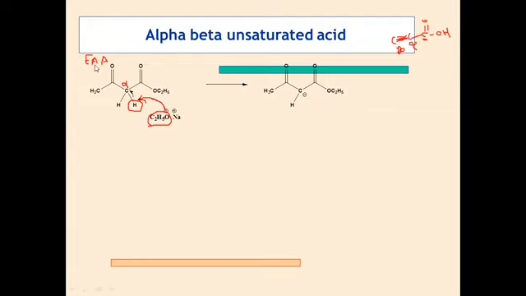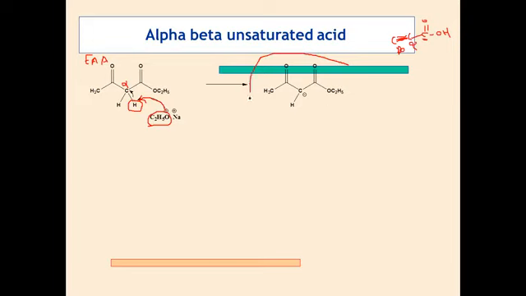This is the ethyl acetoacetate. It gets converted into the carbanion of ethyl acetoacetate. Only this proton is removed here, and it gets converted into the carbanion of ethyl acetoacetate.